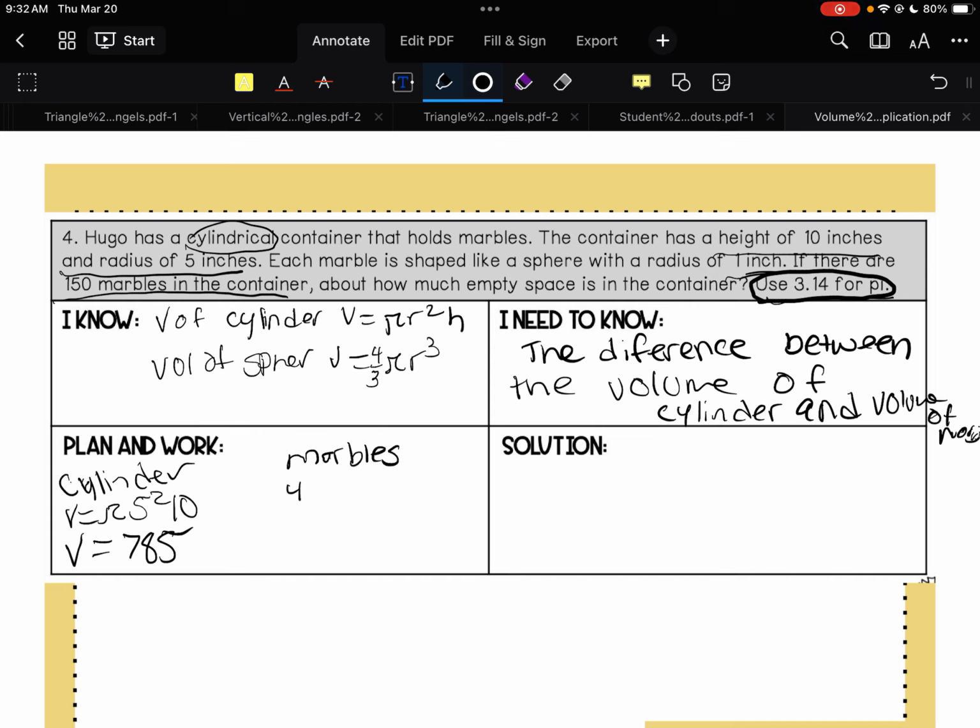which is 4/3 times 3.14 times 1 to the third. But there's 150 of them, so we're going to times whatever we get by 150, because there's 150 marbles.